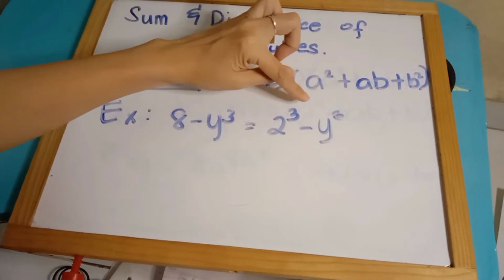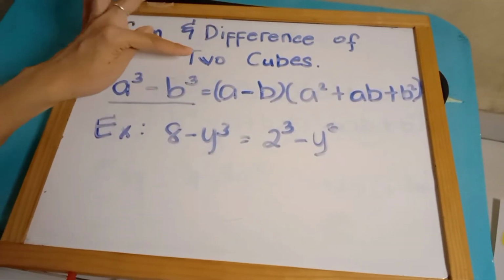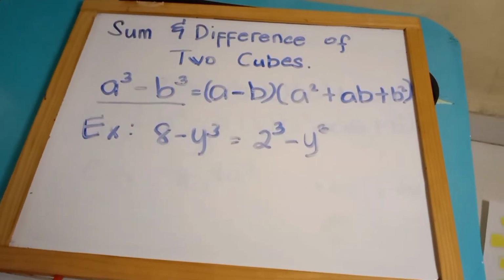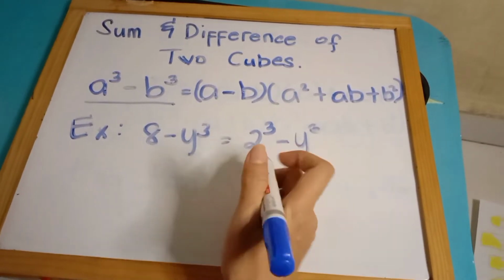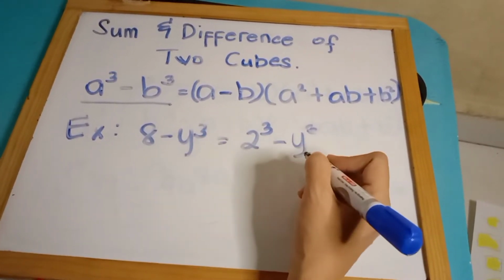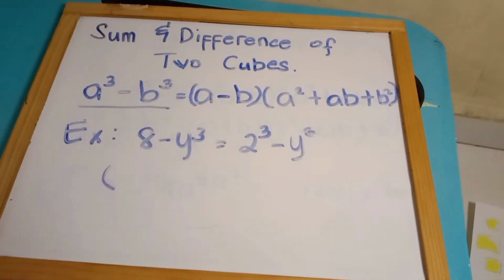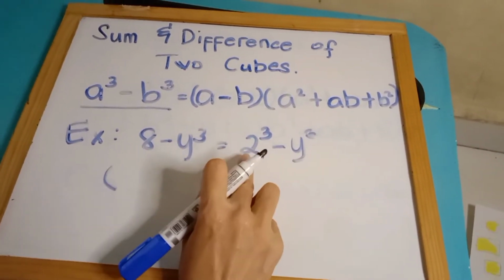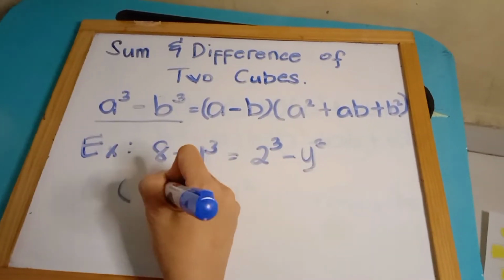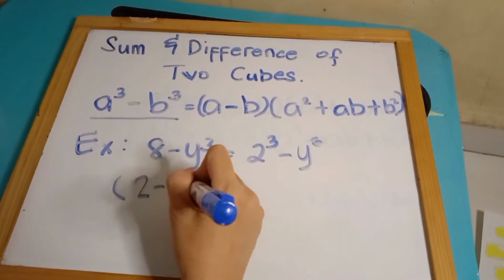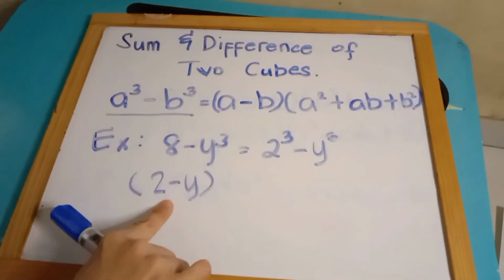Now that they have the same exponent, we can apply the difference of two cubes. Since we are looking for the difference of two cubes, we look at the first and last term first. So, we have the first factor, which is the difference of the first and last term: 2 minus y.